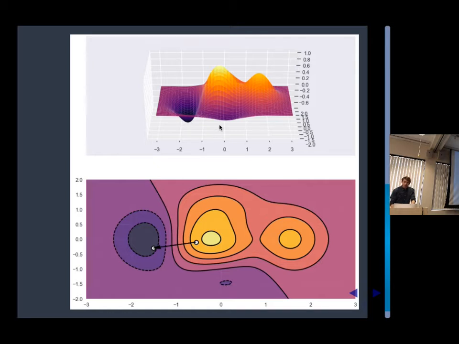But our goal is to go from a point like this to the minimum possible value. So in this case, it would be the minimum classification error or the minimum regression error, something like that. In this case, the gradient, I've drawn a little arrow right here. This is the gradient. In this case, we're in luck because it's going to move us very nicely towards this little trough right here.